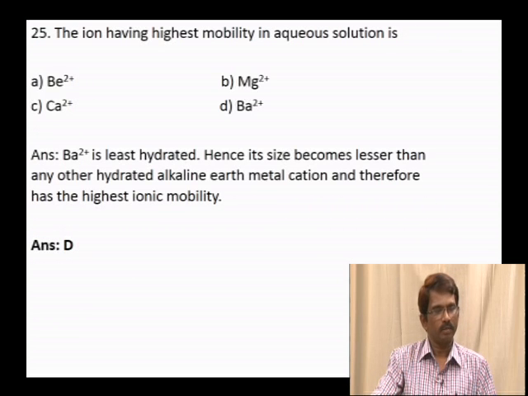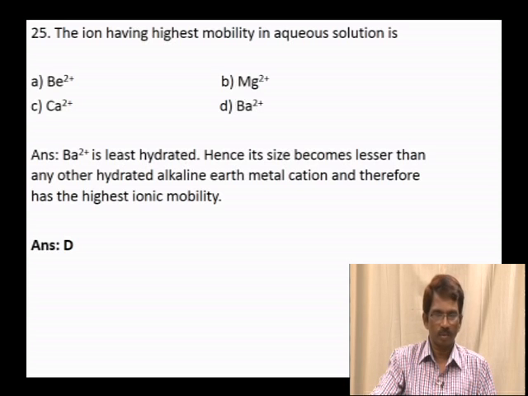In question number 25, the ion having highest mobility in aqueous solution. The options are Be2+, Mg2+, Ca2+, and Ba2+. When you move from top to bottom in the alkaline earth metals, the extent of hydration gradually decreases.